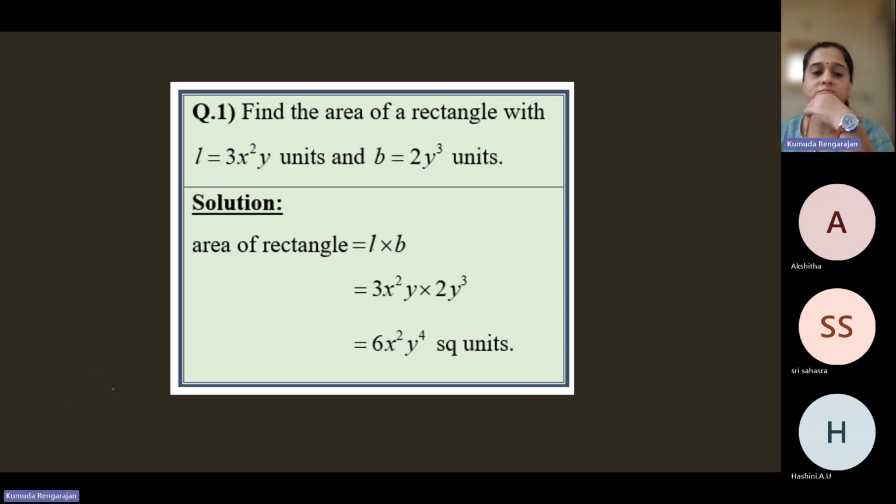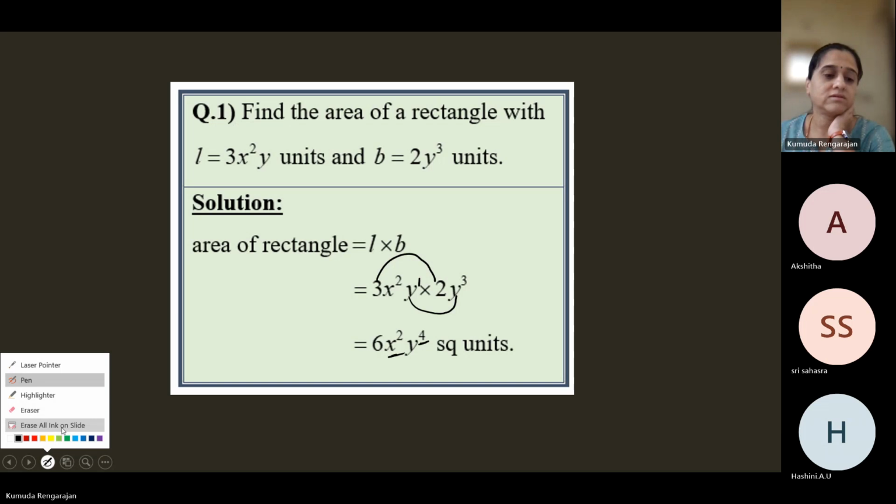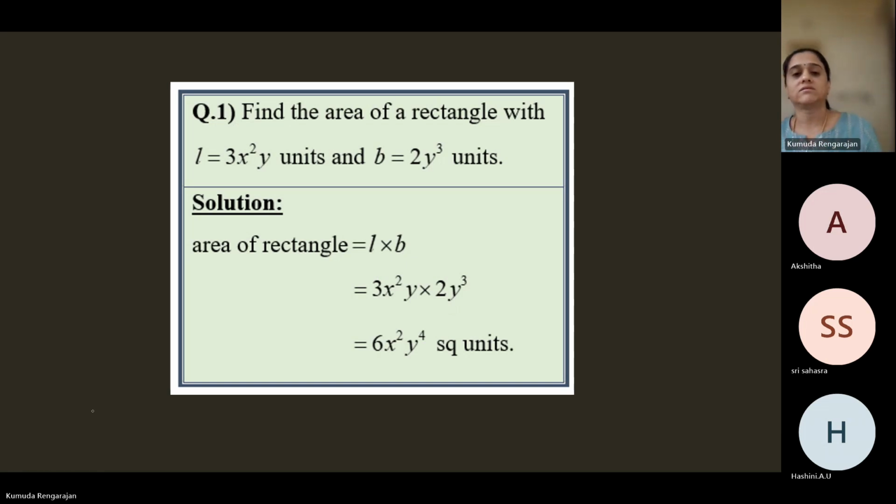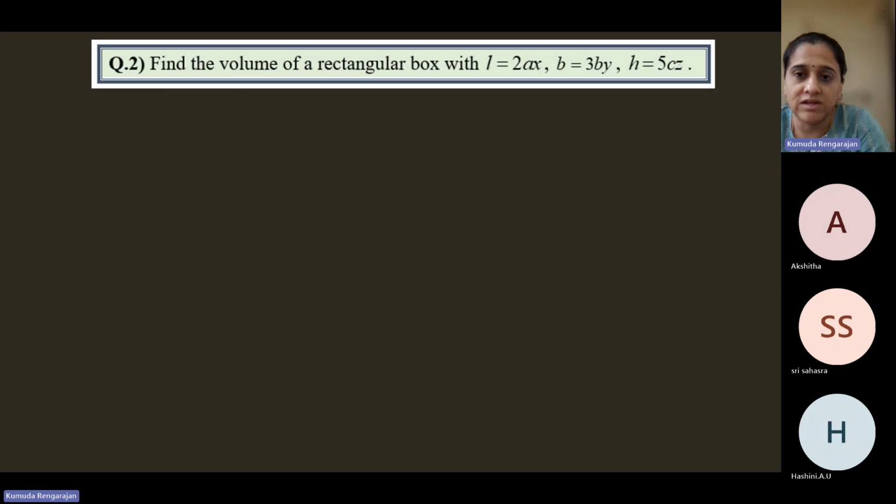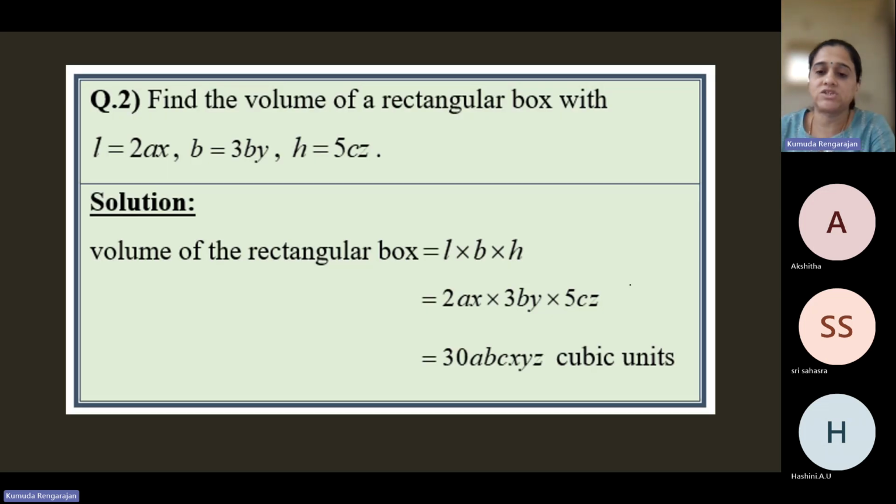Online children. 3 into 2, 6. Y into Y cubed. Bases are same. Multiplication, add the powers. 1 plus 3, 4. And x square as it is. Yeah, the next answer. L into B into H.